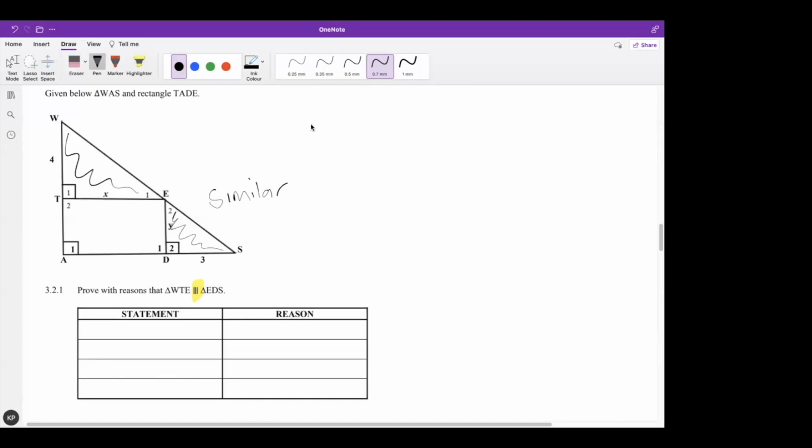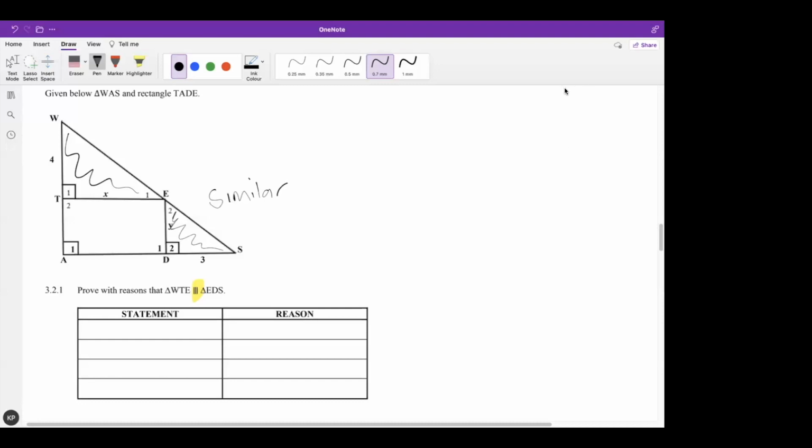Ma'am, how to prove it is that the two shapes have to be the same height and the same length. Okay, the same. Are you sure? It says similar, so I'm thinking of the lesson that we had on Tuesday.